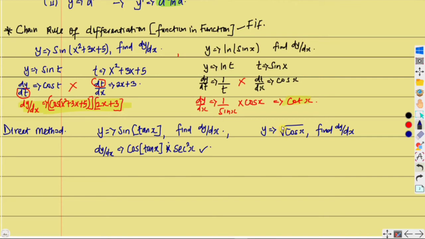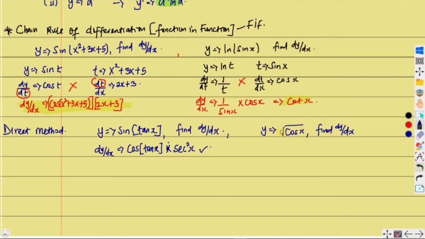I have an algebra function and I have a trigonometric function, which is cos x. In our algebra, this is something like saying square root of x. We have discussed under our algebra function that when you have a square root, you can say this is the same as cos x raised to the power 1 by 2.